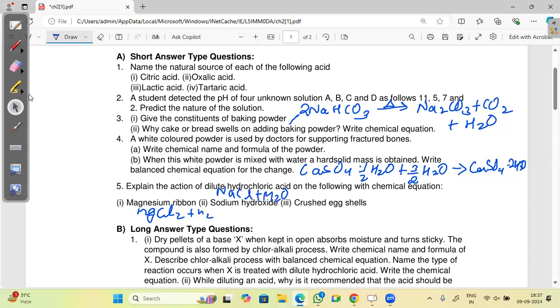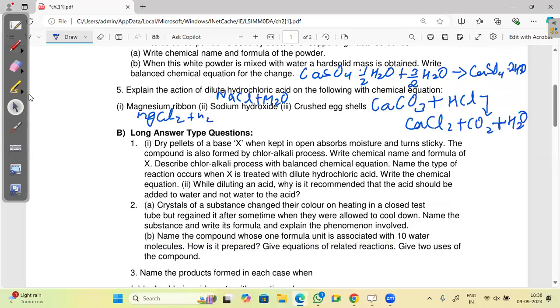Then crushed eggshells. They contain calcium carbonate. So you get calcium carbonate plus HCl, giving rise to the formation of calcium chloride plus CO2 plus H2O. So here you have the formation of H2O and not hydrogen.